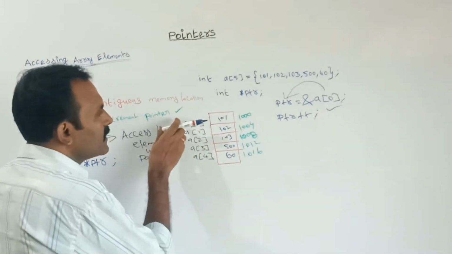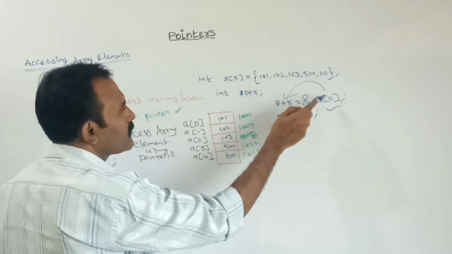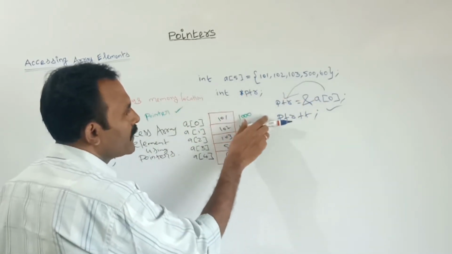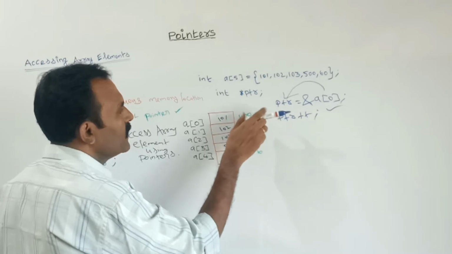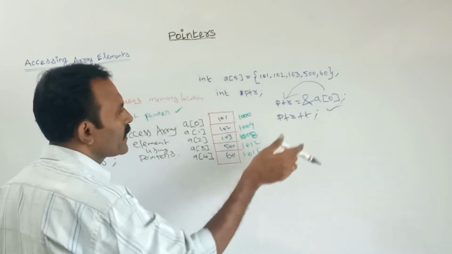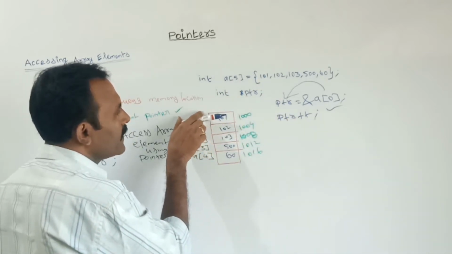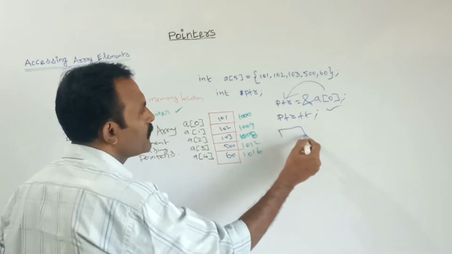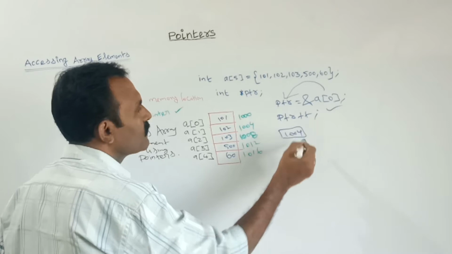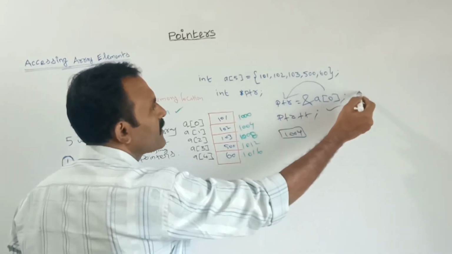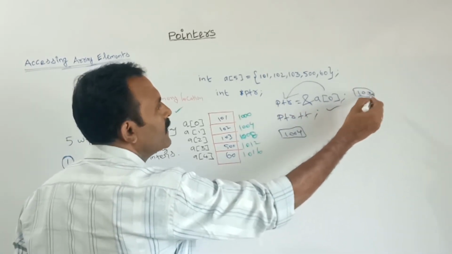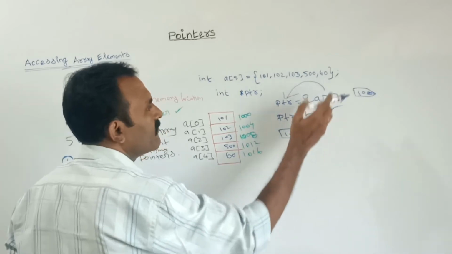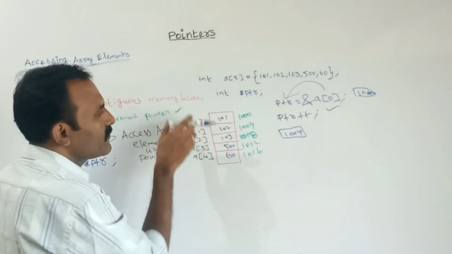First it is 1000, which I am storing. After that I increment, so ptr will now point to the next location, that is, the next position 1004. So currently ptr holds 1004, while before it had 1000. Once it is incremented, it will increment by 4 bytes.